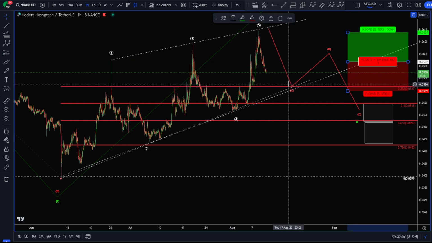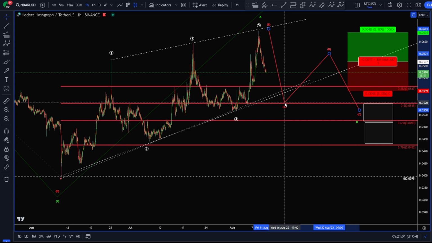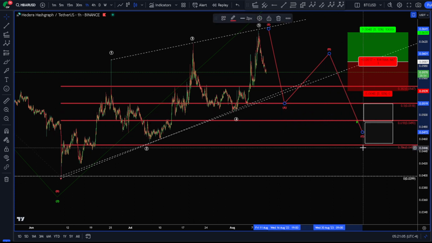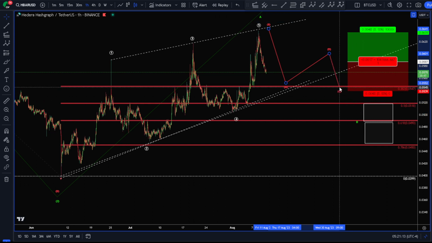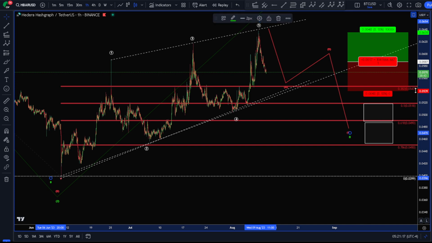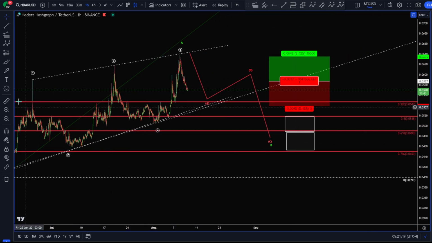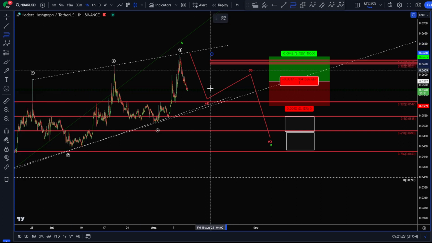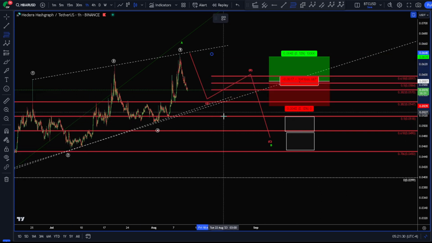Wherever this A wave ends, it could be a little higher, could be a little lower. We'll see what happens. We could go all the way to 786. We could get a very light retracement and just come to the 382. We really don't know what we're going to get until we get that pivot. And until we get that pivot, what I will be doing is looking for the 382 of when this wave completes. As you know, I can't really measure at the moment where the wave ends.